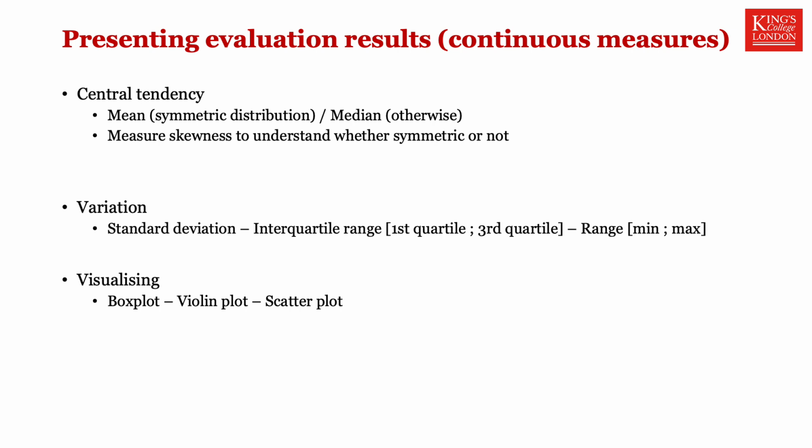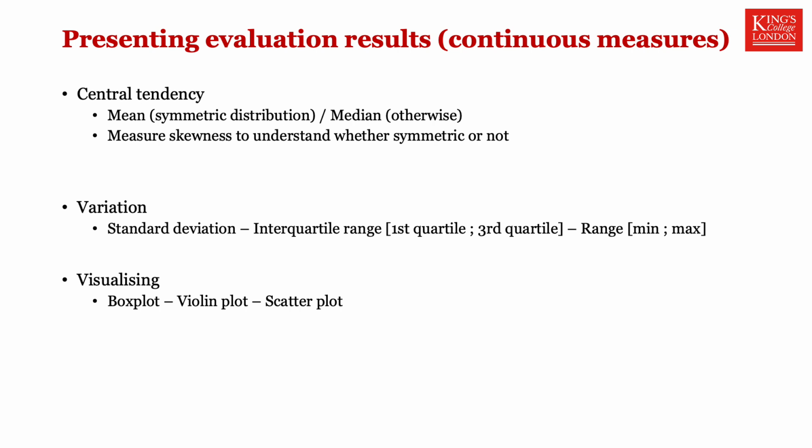You report the mean only if it's a symmetric distribution, and you report the median otherwise. As a rule of thumb, if your skewness is between -1 and 1, you say that it's roughly symmetric, and beyond that, it's not, and you should favor the median as a way of presenting your data.